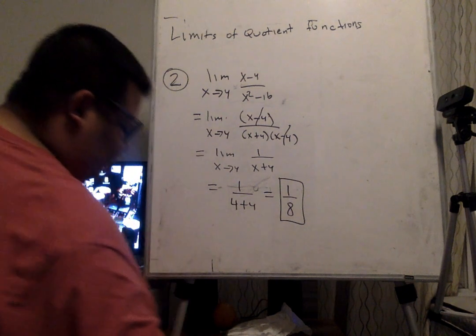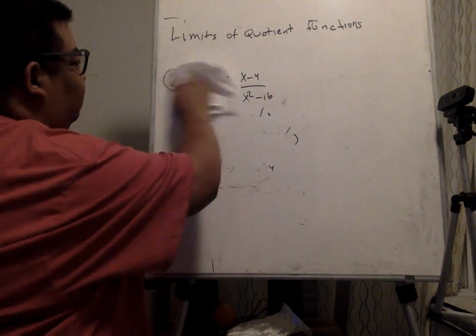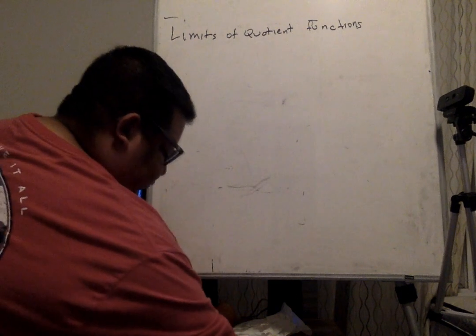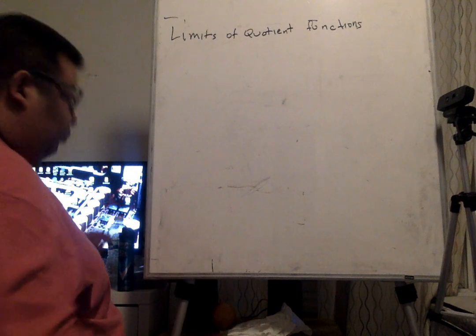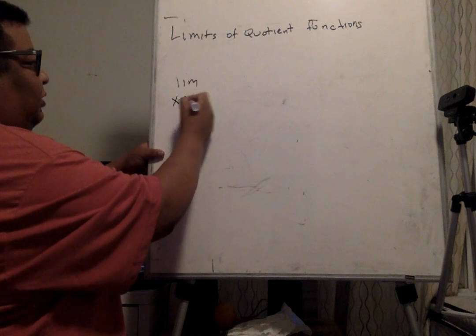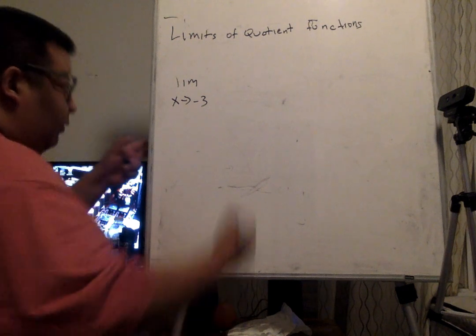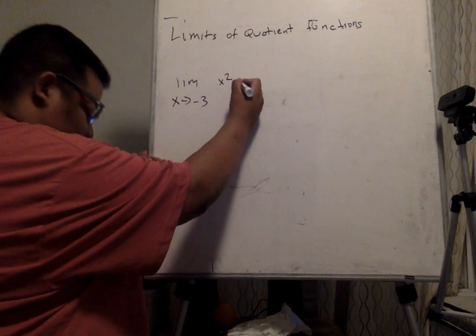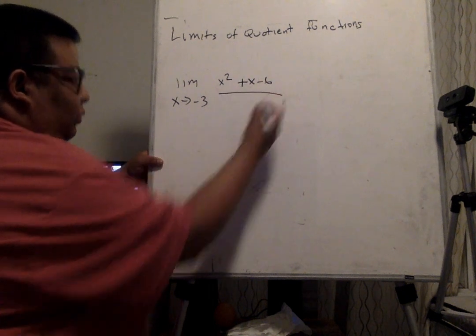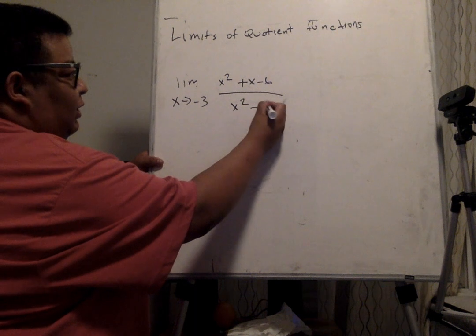Let's look at another example, a little harder. We have limit as x approaches -3 of x squared plus x minus 6 all over x squared minus 9.